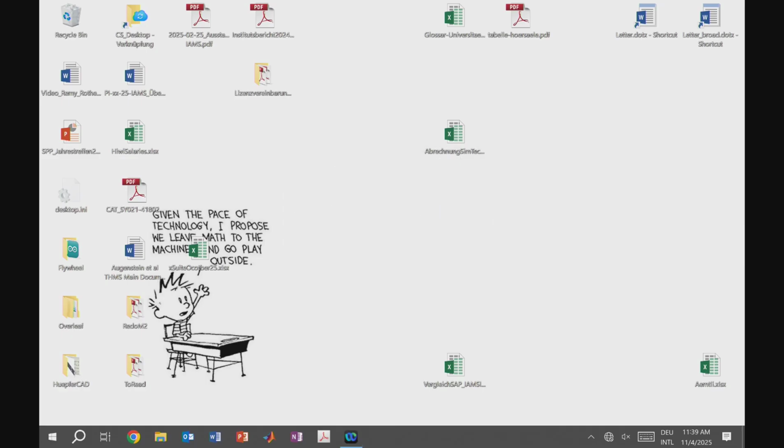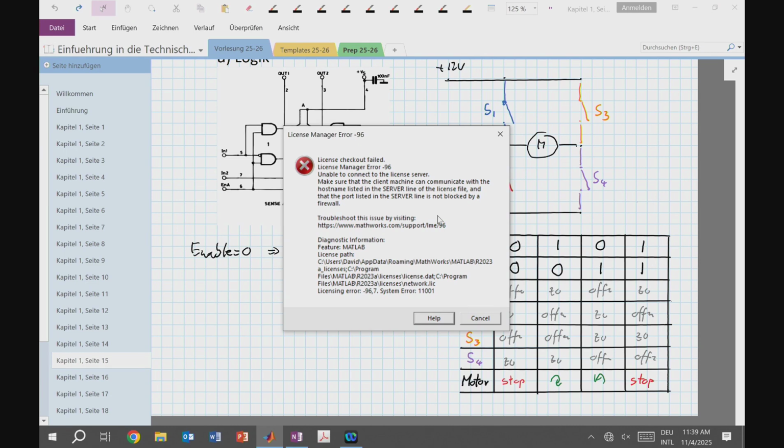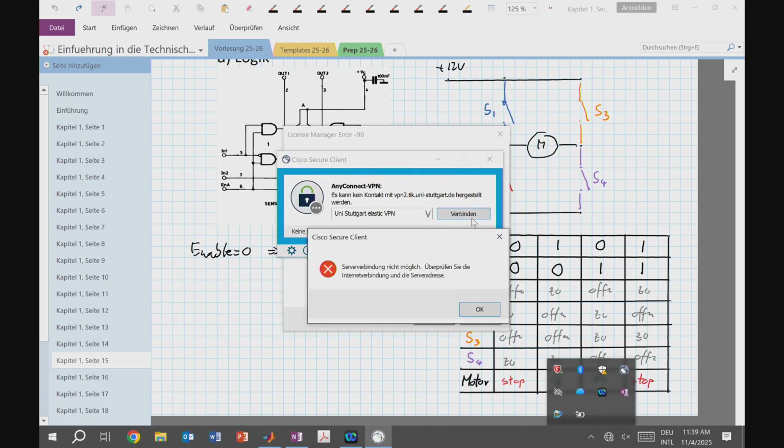It seems like the Arduino is not getting any juice.